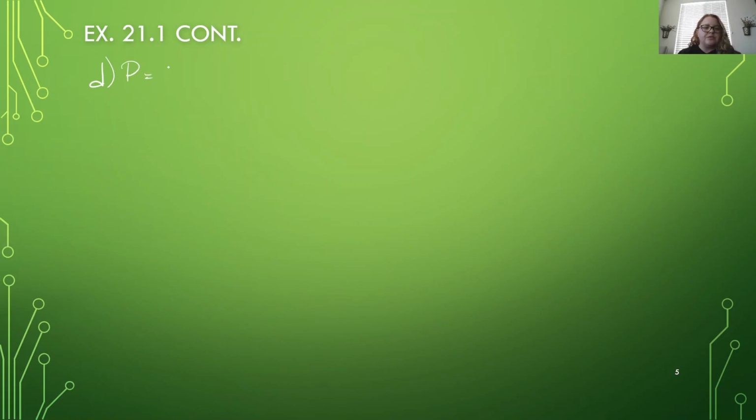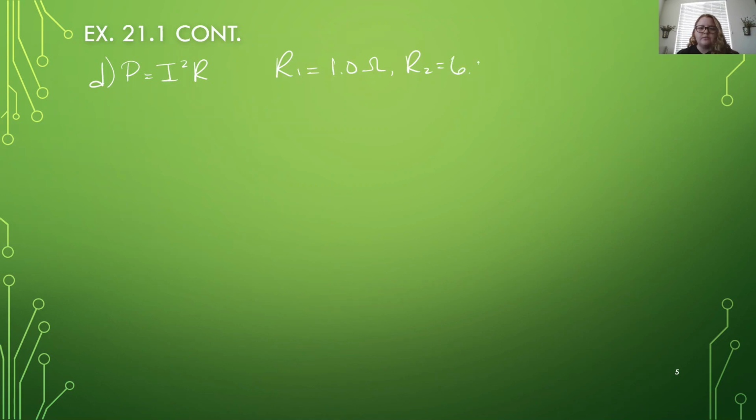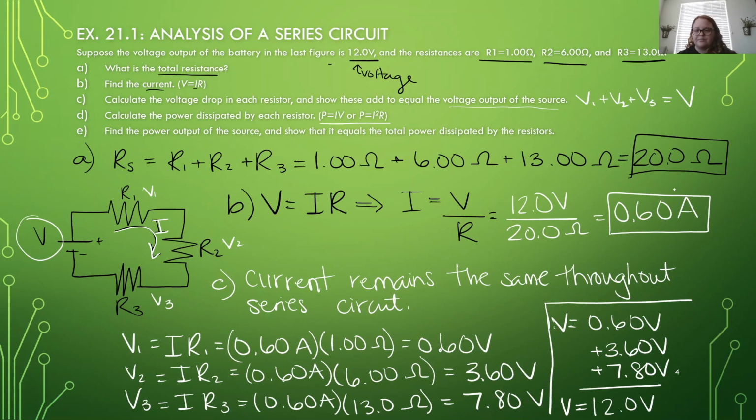So let's go ahead to the next page and start on that. P is equal to I squared R. And remember our resistances. I'll go ahead and write those down. R1 is 1.0 ohms, R2 is equal to 6 ohms, and R3, I believe, was 13 ohms. And our current we found to be 0.60 amps, right? Okay, so we are trying to find the power dissipated at each resistor.